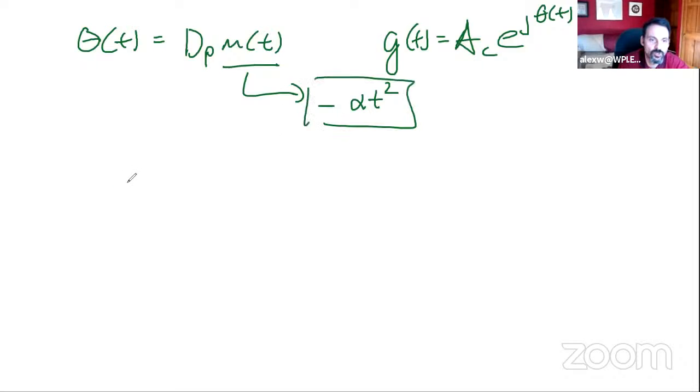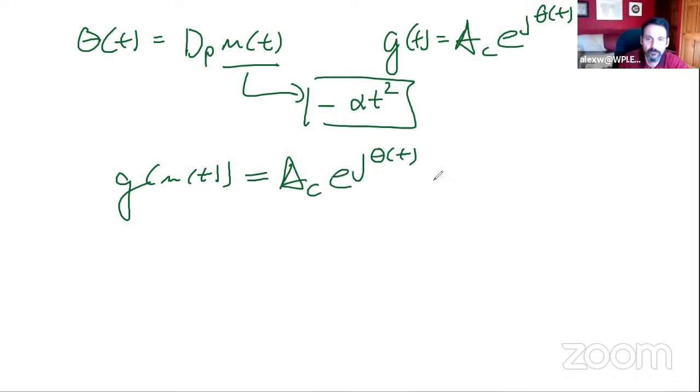So therefore, g of m of t is going to look like what? It's going to be equal to AC e to the j theta t, right? Replace that with what that is.